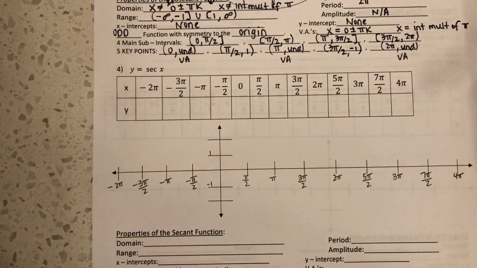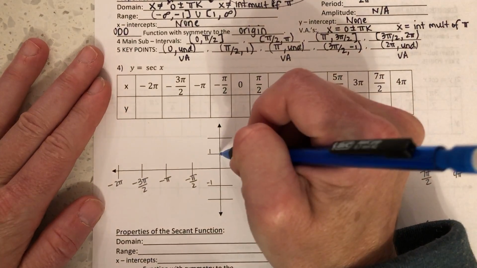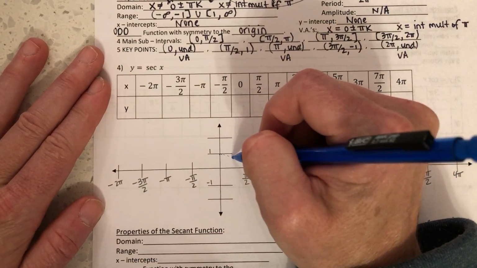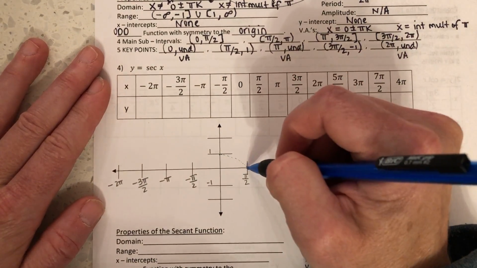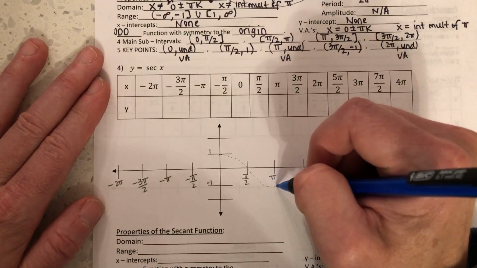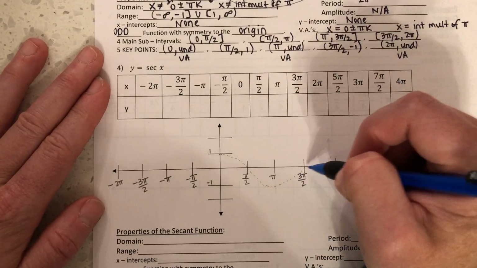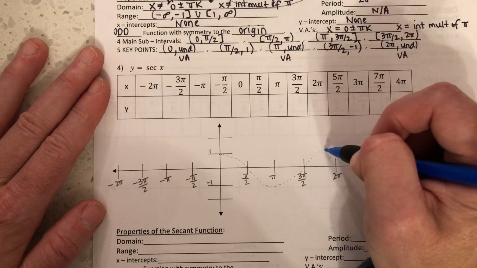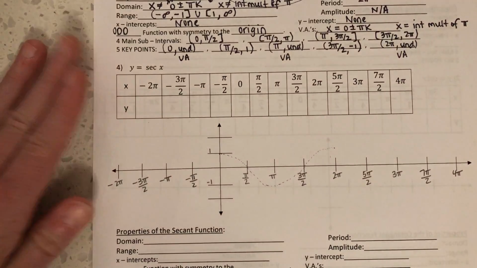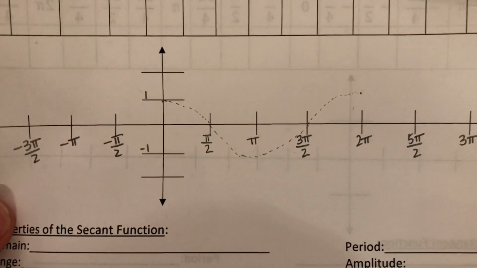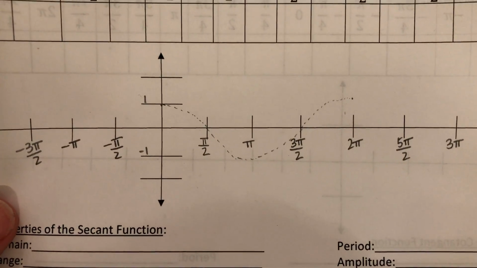Cosine, your coast, like your seagull, started up at 1, then it went down to 0, to negative 1 at pi, back up to 0 at 3 pi over 2, and then back up to 1 at 2 pi. So that was your first cycle of your cosine wave. A little bit off, but basically that's what it looks like.